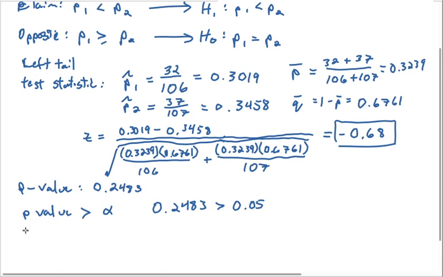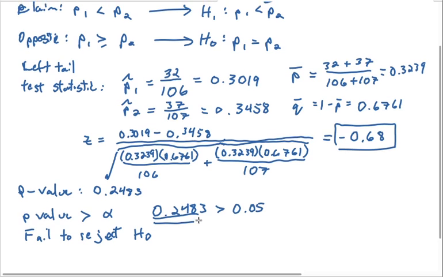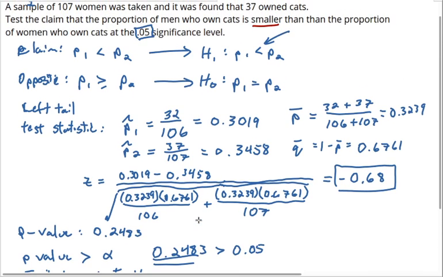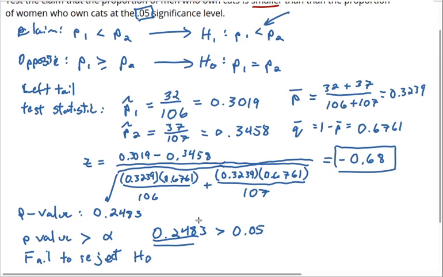So I'm going to fail to reject the null hypothesis because my p-value is too big. There's too much area to the left of my test statistic. Now, if I'm failing to reject the null hypothesis, I'm going to cross the other one out just to drive the point home.